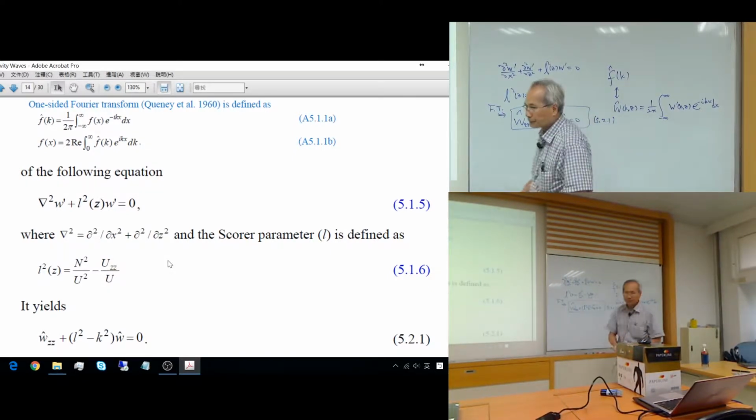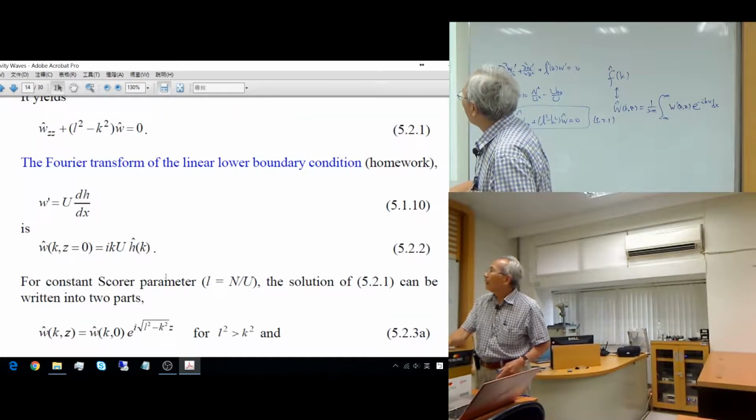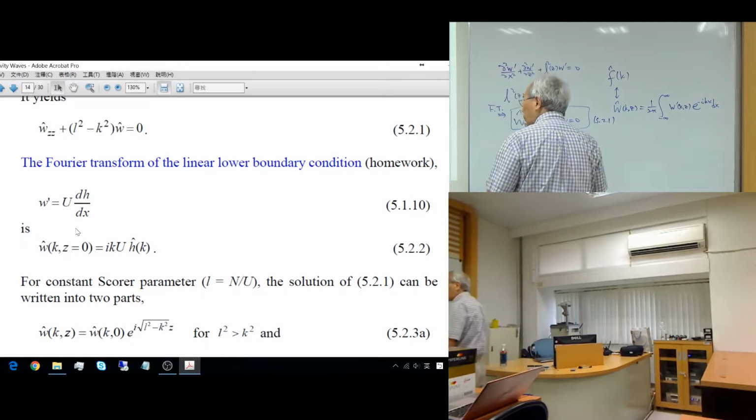5.2.1. The Fourier transform of the linear lower boundary condition will become this. Fourier transform is similar to that normal mode approach.